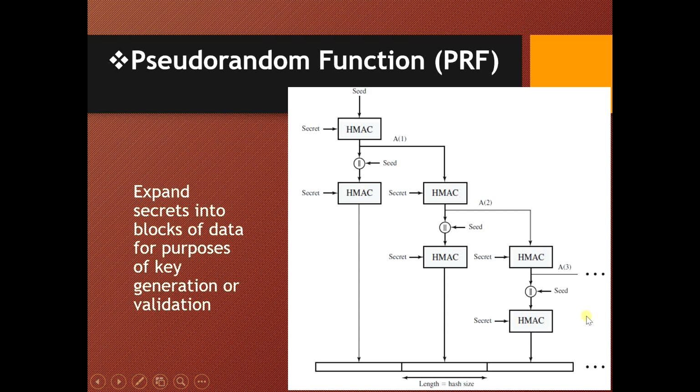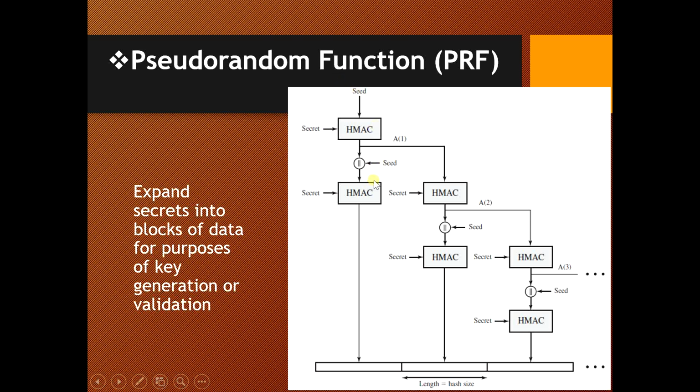It's a multiple section function where each section will create one hash value. This is one hash value, this is the second hash value, the third hash value, and so on. Each section makes use of an HMAC, a secret, and a seed.